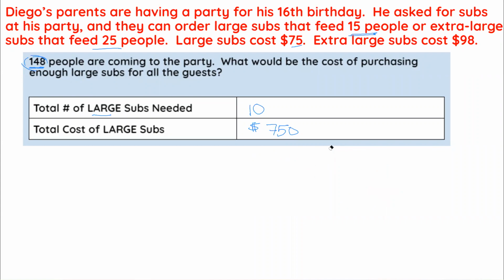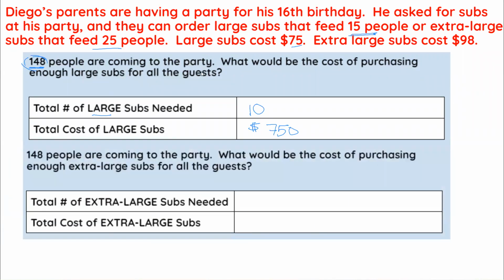All right, let's see. Whoops, I gotta change this. All right, now, if the same number of people are coming, how many extra large subs would we have to buy? Well, extra large subs feed 25 people. So this time I am going to divide 148 by 25.